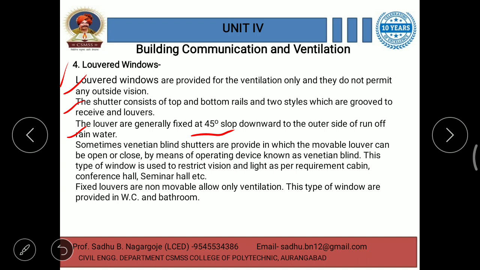The purpose of providing this 45-degree downward slope is the runoff of rainwater from the building. Sometimes ventilation blind shutters are provided in which the movable louvers can be opened or closed by means of an operating device known as a venetian blind.